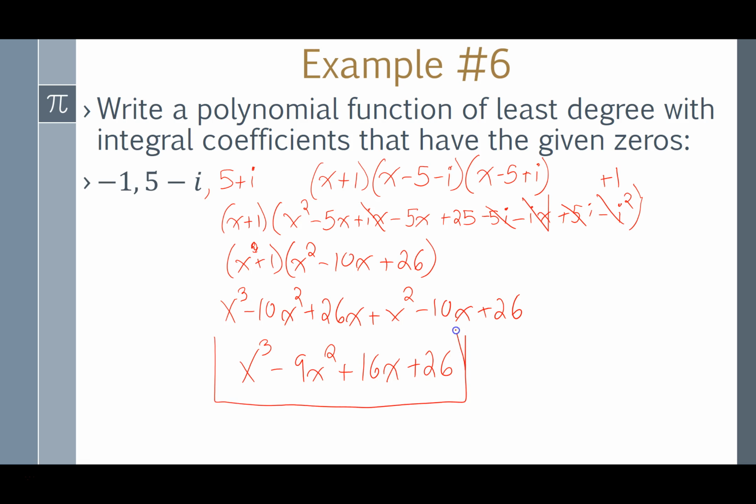And that would be the solution, the original polynomial function that has the least degree and integral coefficients. Again, theoretically, these three solutions could have worked if we had double and triple roots in different locations. That's fine. We're not stressing over that. We just want to simply rewrite it as the least degree function.